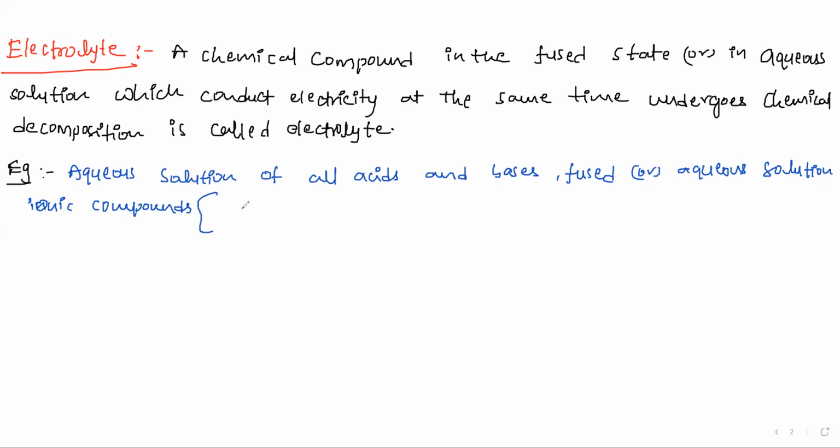Aqueous solution is nothing but those which are dissolved in water. That all are called aqueous solution. For example, dilute HCl, concentrated HCl, H2SO4 and NaOH, etc. And fused or aqueous solution of ionic compounds, for example, fused NaCl or aqueous NaCl, etc.